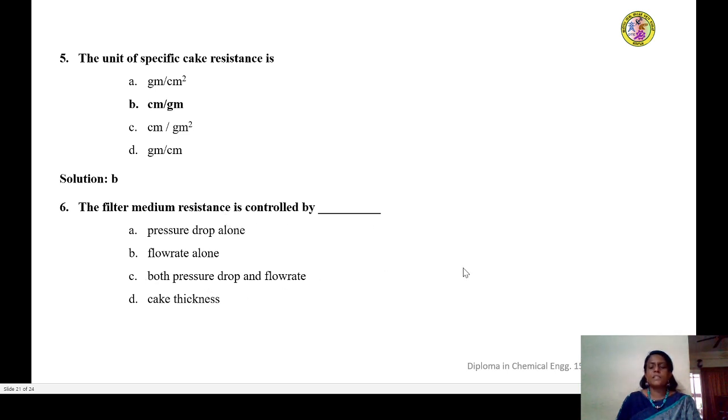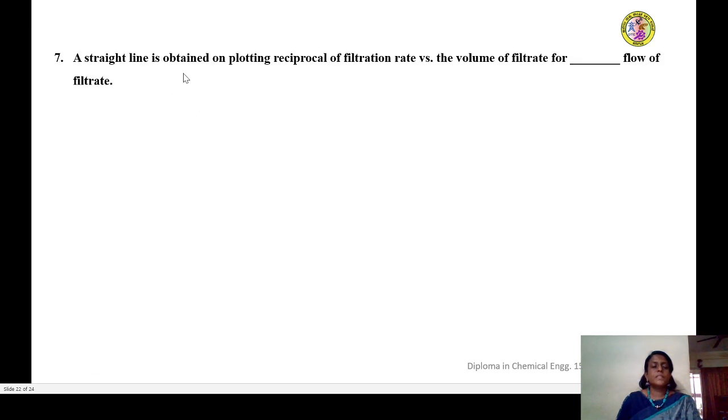A straight line is obtained on plotting the reciprocal of the filtration rate versus the volume of filtrate for dash flow of filtrate. So if you plot on a graph the reciprocal of the filtration rate versus the volume of filtrate, you get a straight line. In which case? Is it in case of compressible cake and laminar flow?